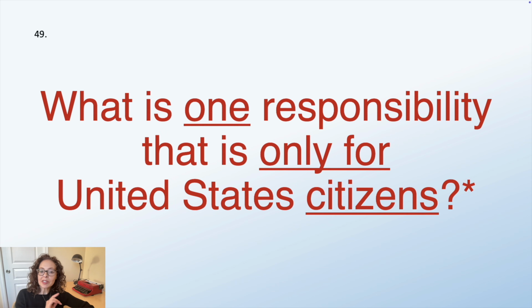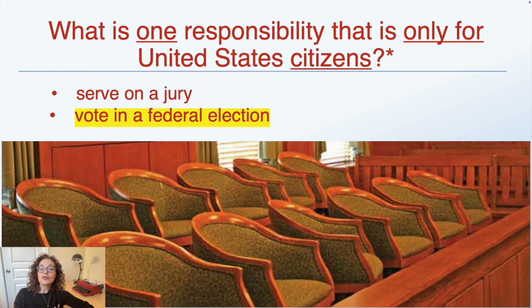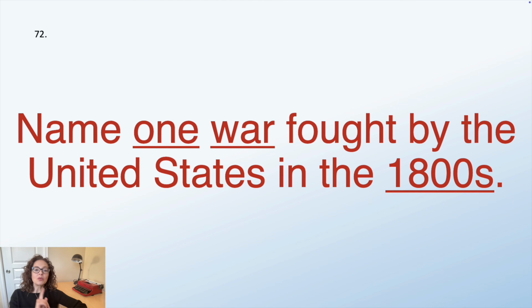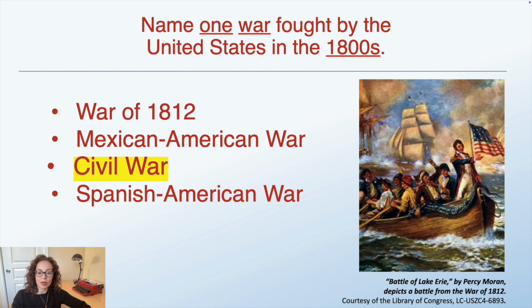What is one responsibility that is only for United States citizens? To vote in a federal election. Name one war fought by the United States in the 1800s. The 1800s, I chose the Civil War.